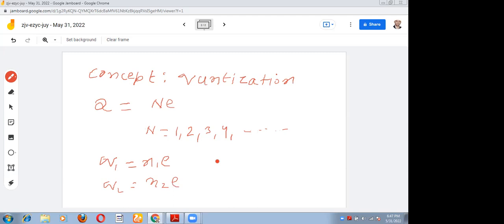Since quantization of charge says any charge is an integral multiple of the elementary charge, it means Q1 must be an integral multiple of e, and Q2 must be an integral multiple of e. Now, from Coulomb's law, we know that F is equal to k Q1 Q2 upon d square. Correct?